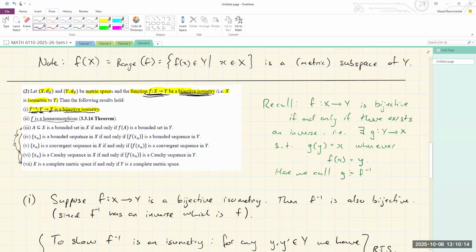The only main part here is this third one, and that is saying that A is a bounded set in X if and only if its image is a bounded set in Y. In other words, the bijective isometry takes bounded sets in X to bounded sets in Y, and it takes bounded sets in Y back to bounded sets in X. So it preserves the bounded sets.